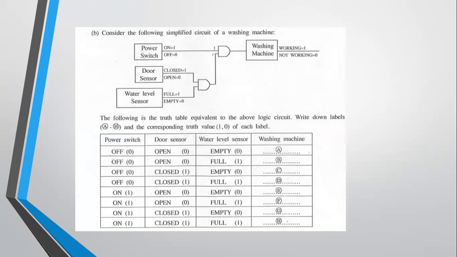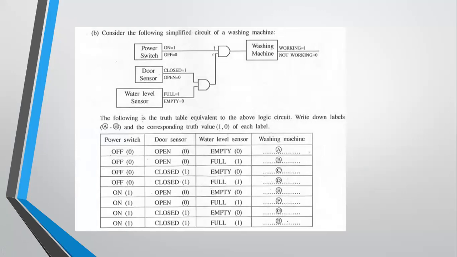Then next you can see the power switch on, the door is open. When the door is open, it should not work. So E becomes 0. In both situations E and F, the door is open. When the door is open, the washing machine should not work.